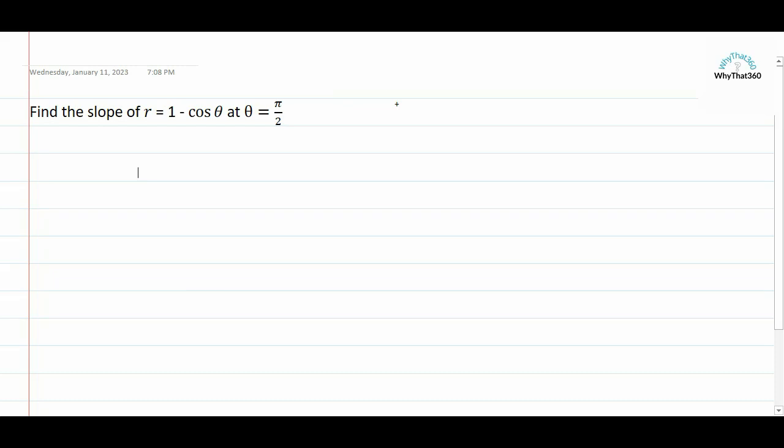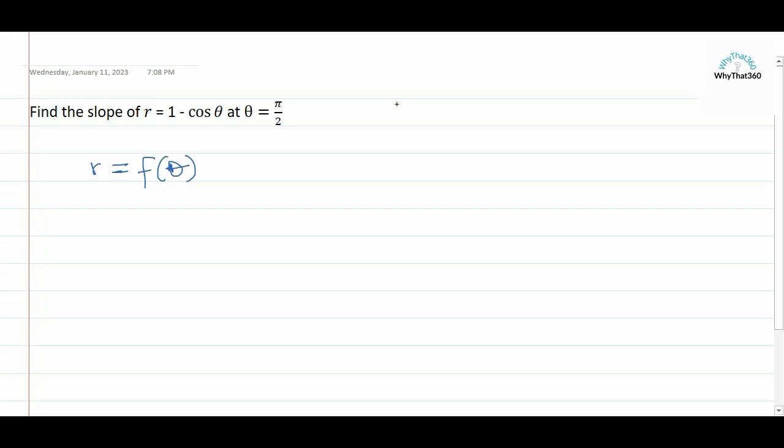One thing that we have to take note of is that this polar equation or polar curve can also be written in the form r is equal to f of theta.